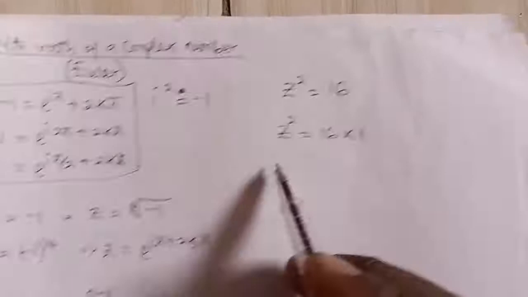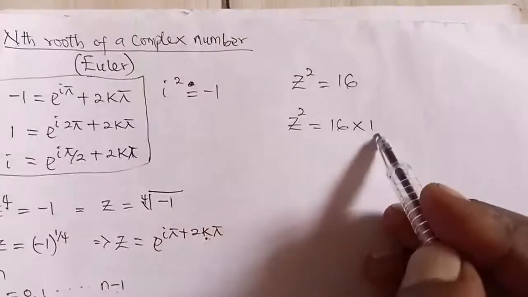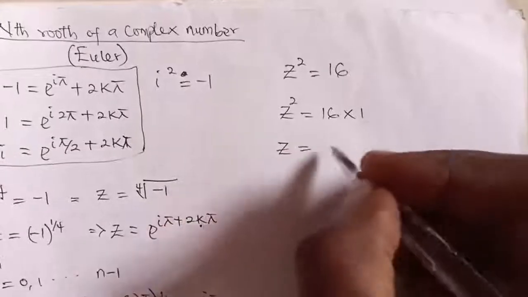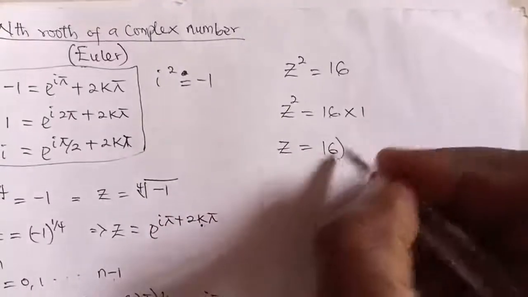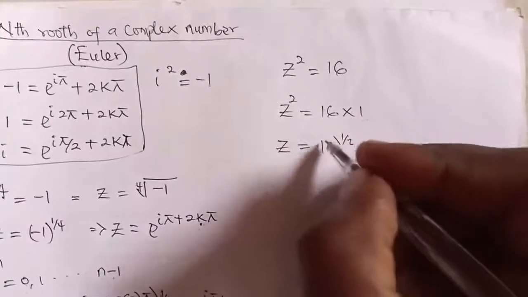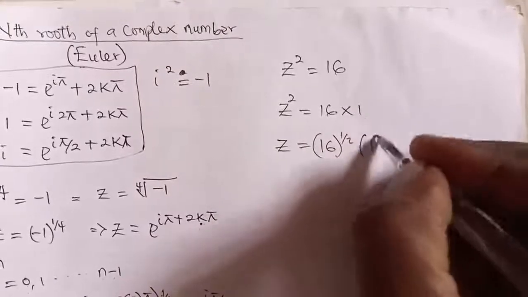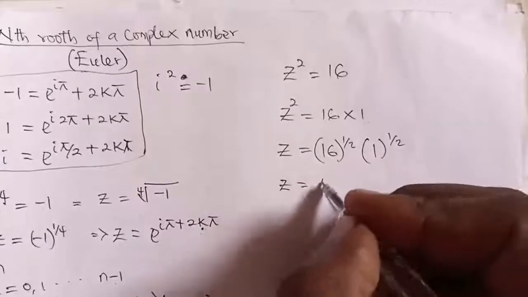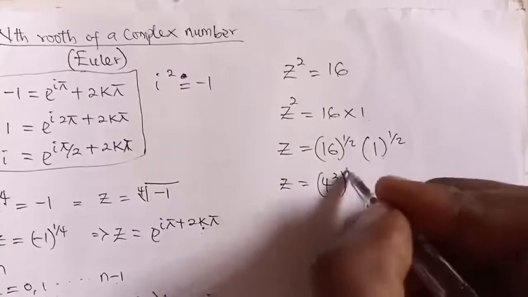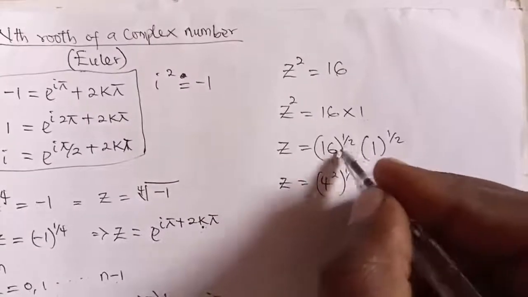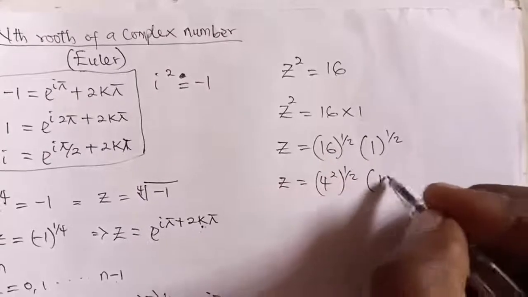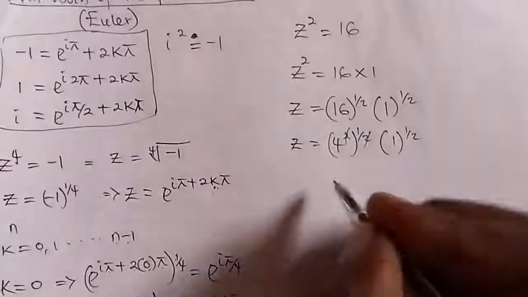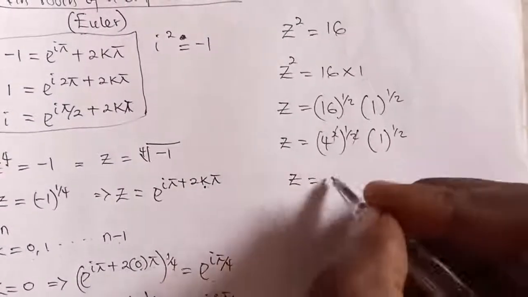So we have that z is equal to 16 raised to power 1 over 2 times 1 raised to power 1 over 2. Now we know that 16 is the same thing as 4 squared, and also for 1 we have 1 over 2 here. These two can cancel these two. So we have that z is equal to 4.